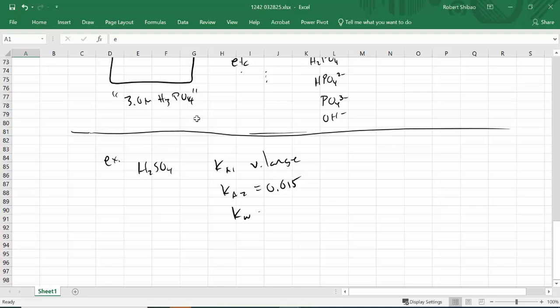Kw is 1.0 times 10 to the negative 14. So if I want the inventory, I do all steps. Inventory and pH, do all steps.